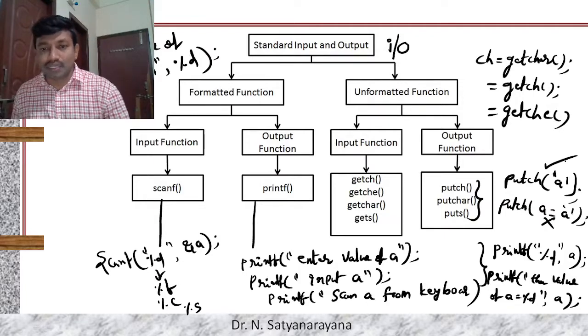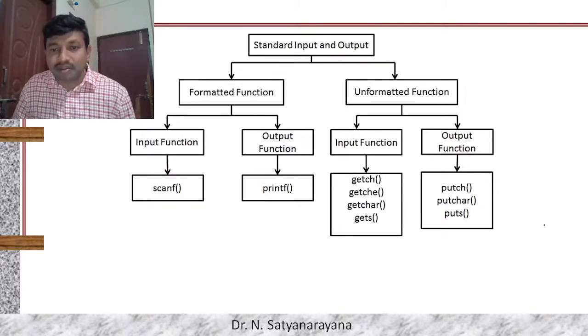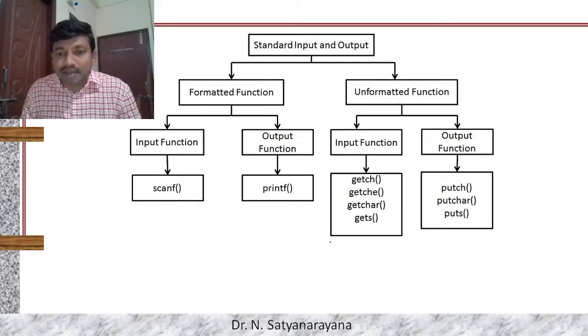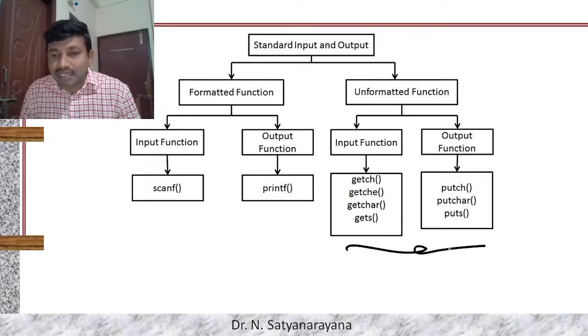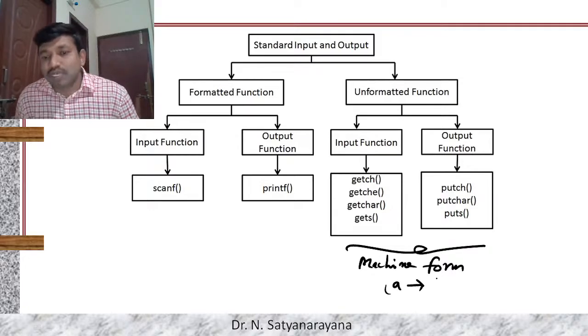So the only thing is that each function will do its own task. There are other differences also in the formatted and unformatted functionalities. These unformatted functionalities will straight away take the input in the machine form. That means if you submit the character a, the binary form of a will be stored in the memory.